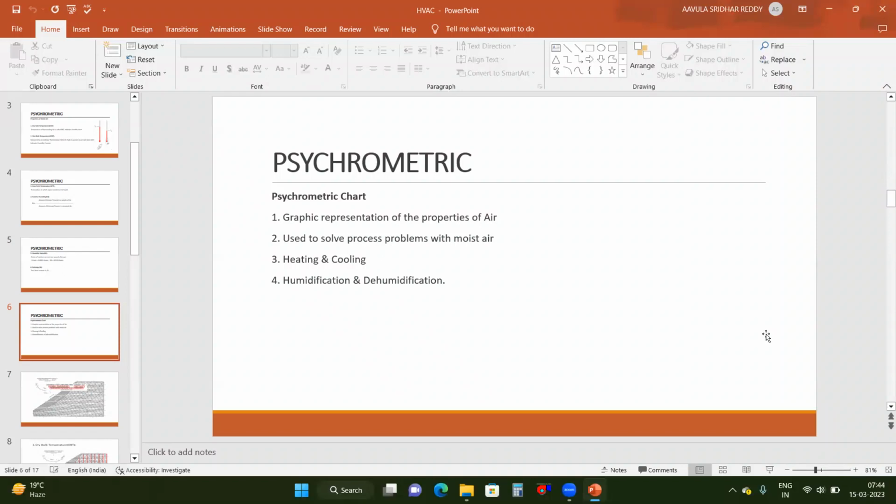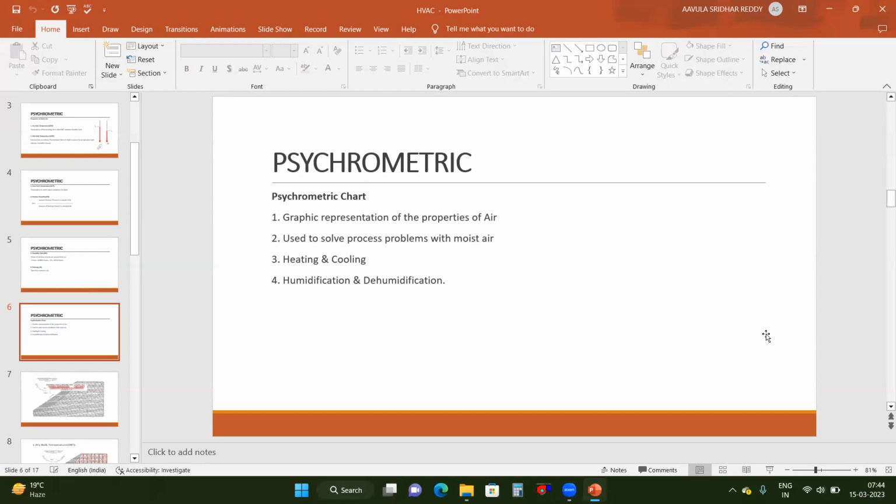The psychrometric chart comes with all these definitions we have seen: dry bulb, wet bulb, relative humidity, humidity ratio, enthalpy. So those representation lines will be there in the chart. Second, it is used to solve process problems with moist air.